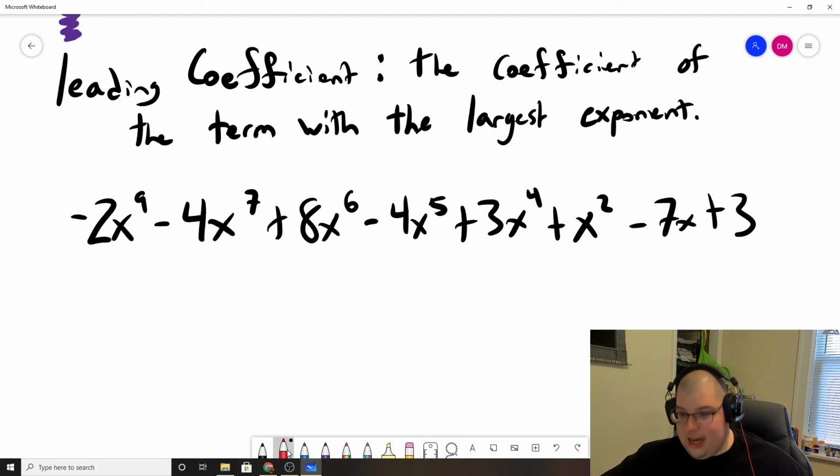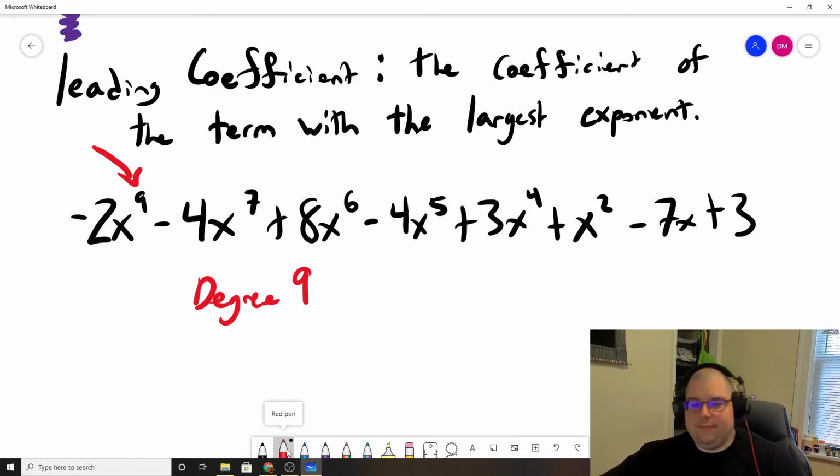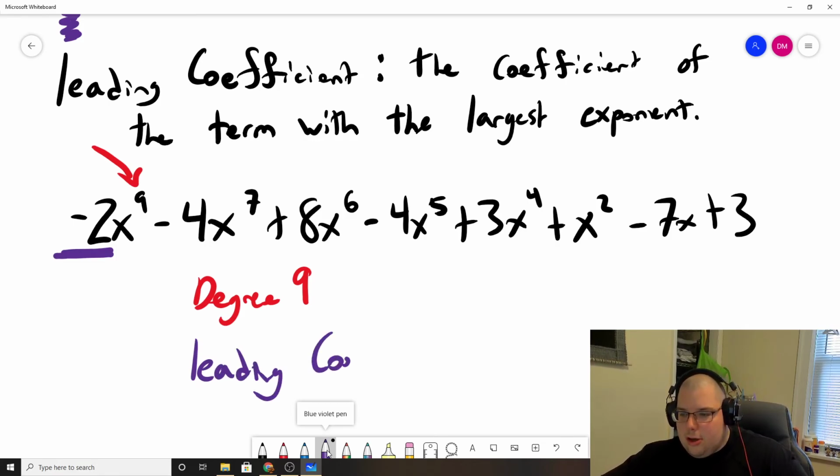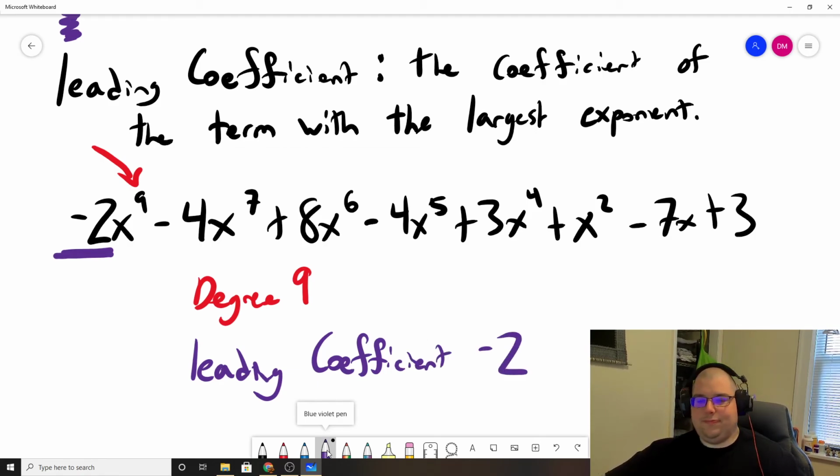Now the degree, it is a degree 9 polynomial. Degree 9, because the largest exponent is 9. And the leading coefficient is -2. So that's all we've got to look for.